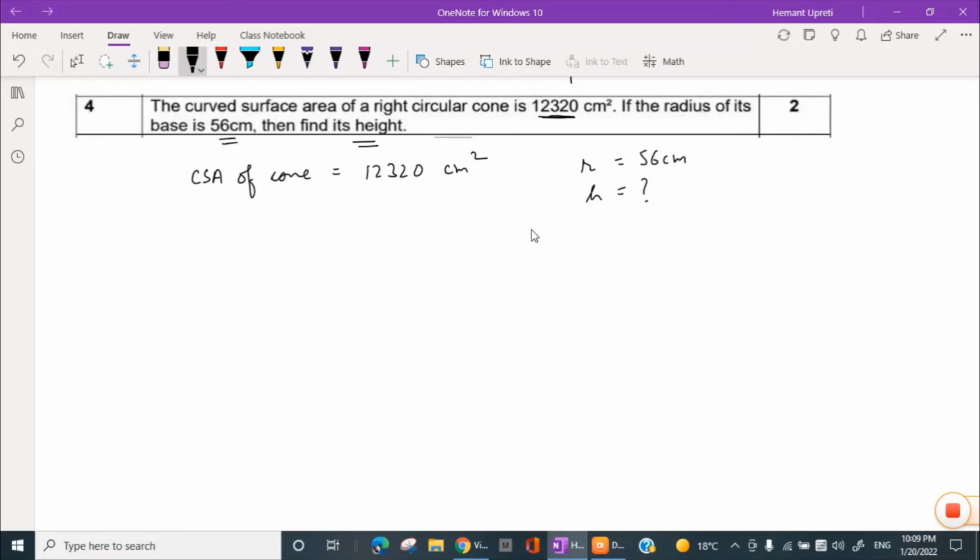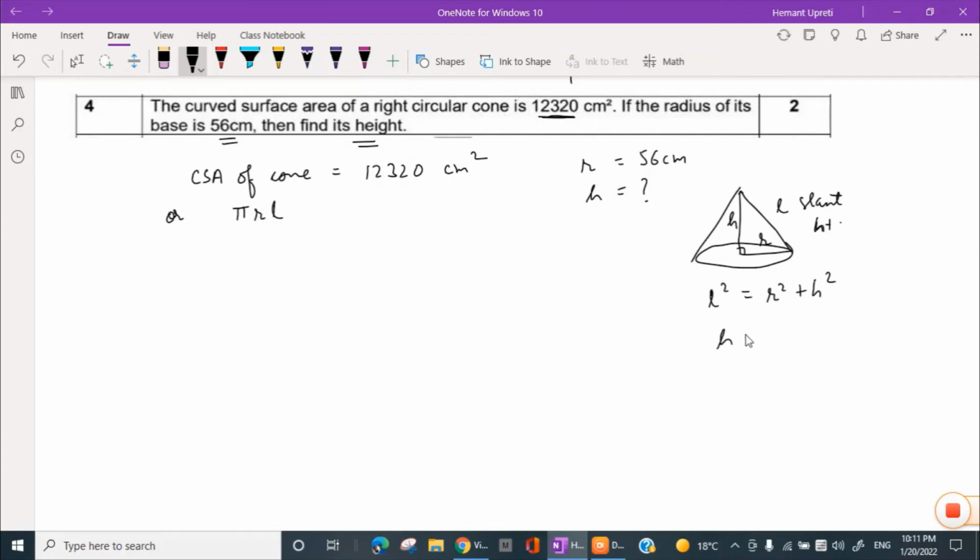Let us see how. Since we know curved surface area of cone का क्या होता है, pi r l, slant height, pi r l. This is a cone. This is r. So clearly I will get the slant height l here first. Once I get the slant height, then I am going to use the relation L square is equal to R square plus H square.